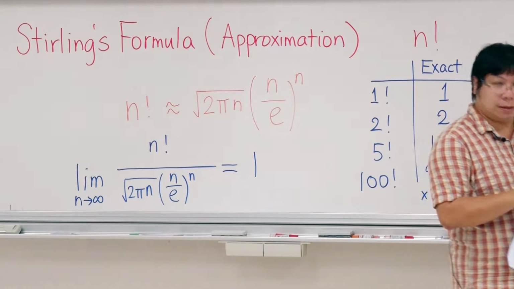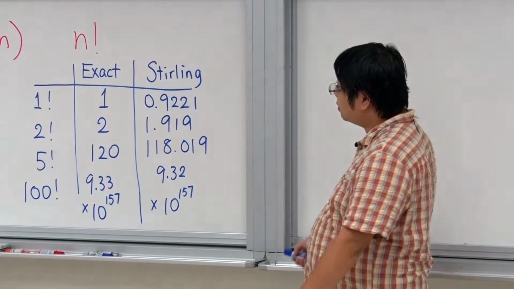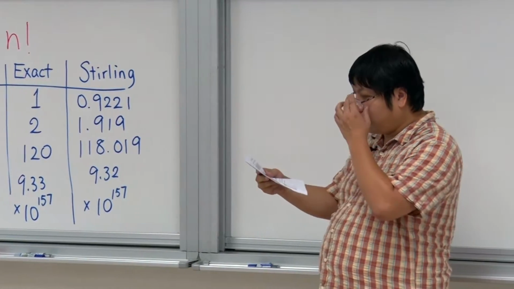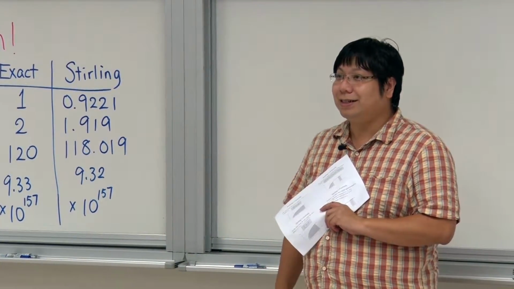So this is by means of approximation. The absolute difference could be huge, but the ratio gets closer and closer to 1. The difference in ratio is going to be smaller and smaller. This is what we are going to look at. Any questions so far?